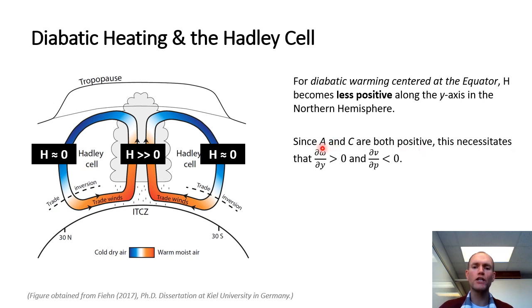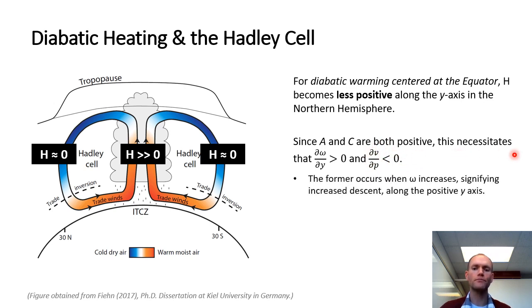So back in our equation, A for our static stability and C for our inertial stability, we said that those are both positive. So this means that to get the left-hand side to be negative to match that partial derivative of H with respect to y, the partial derivative of omega with respect to y must be positive, and the partial derivative of V with respect to pressure must be negative.